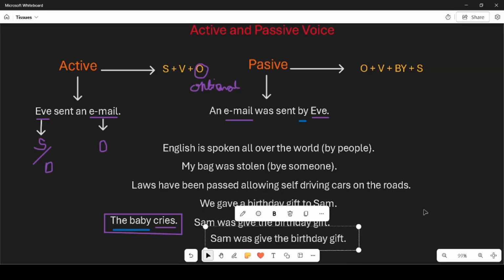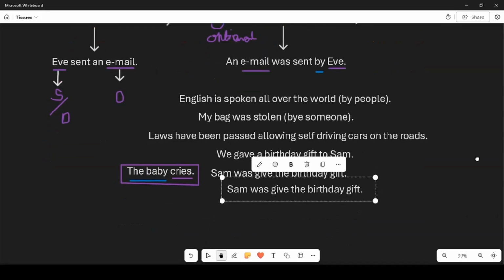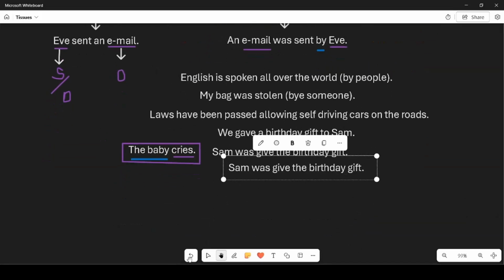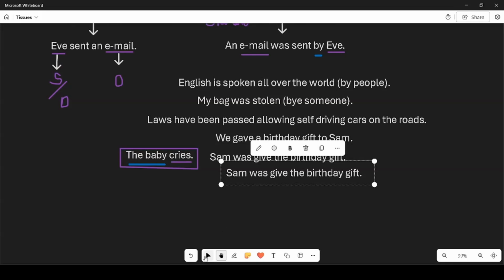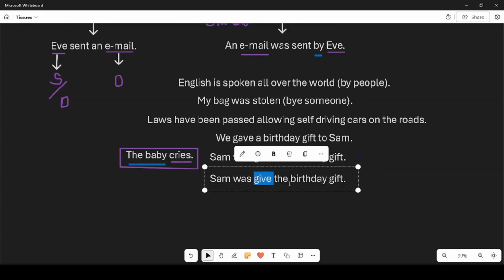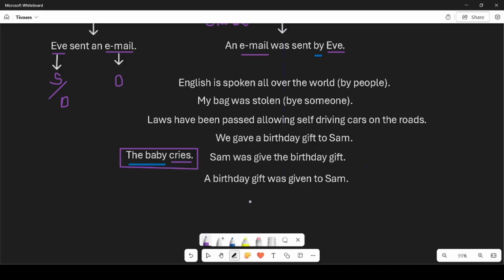Let me duplicate it. Okay, so we have another way of writing the same sentence, and it's still correct. A birthday gift was given to Sam. So in these two passive voice sentences, there's a small difference.